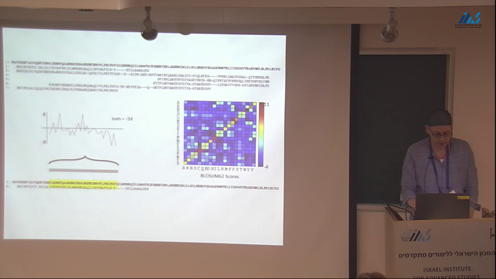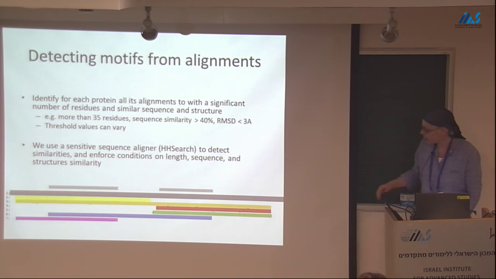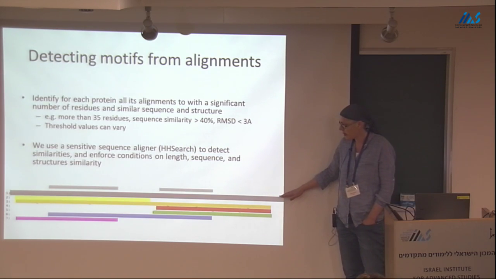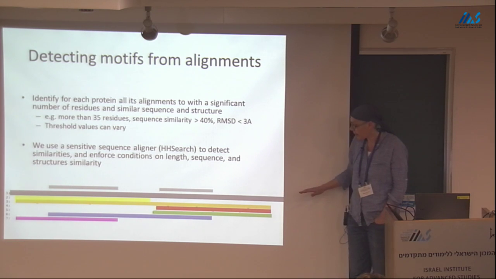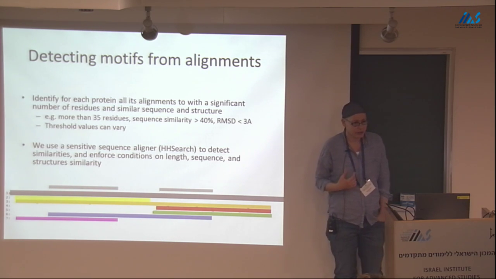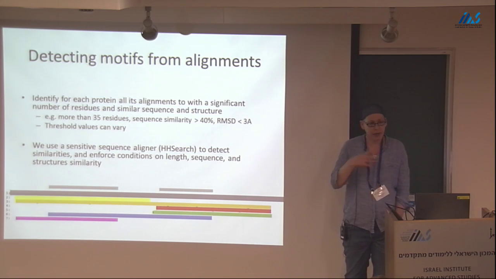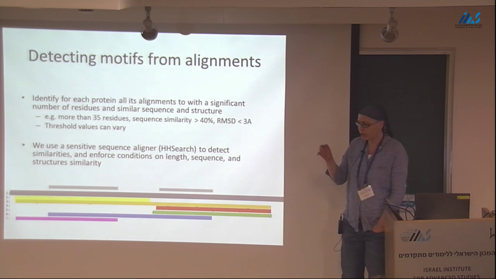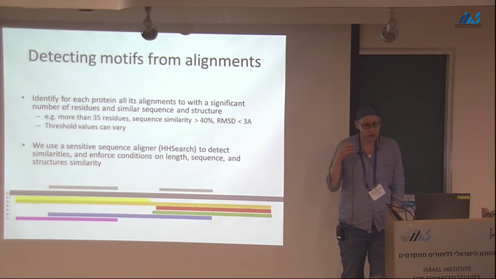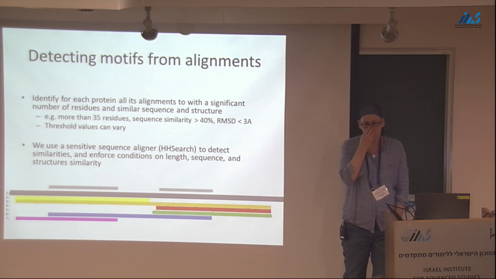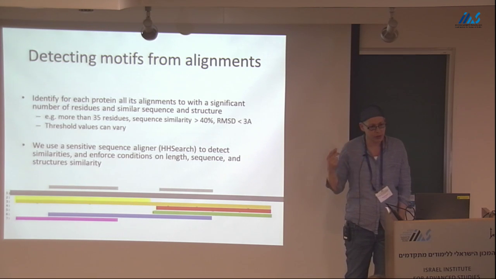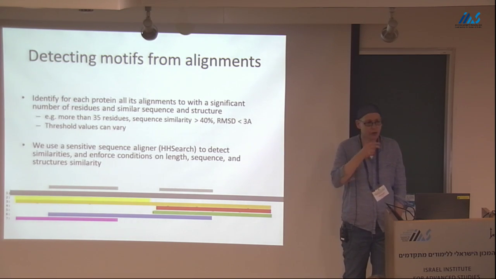So the challenge is, we have this protein. Let me try and use an analogy. If you look at a family of people, and you compare them to each other, and you notice that the nose tends to be the same between different people, then you can conclude that the nose is a recurring element.